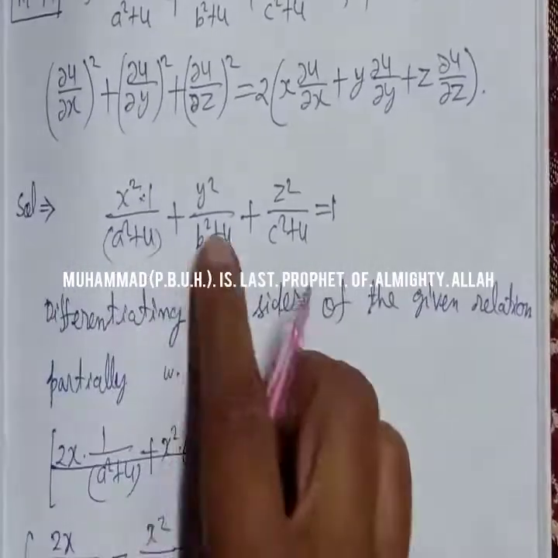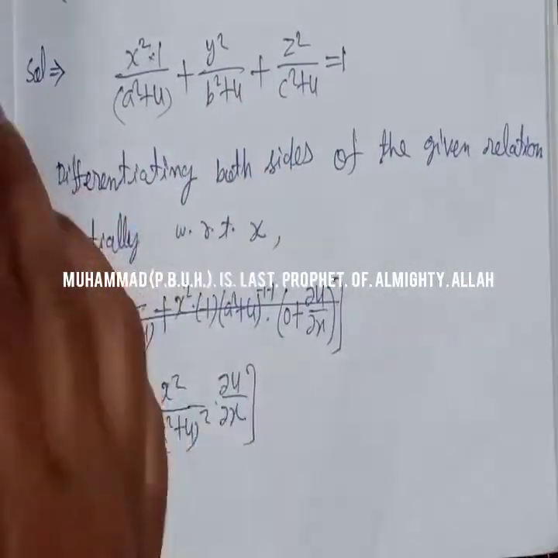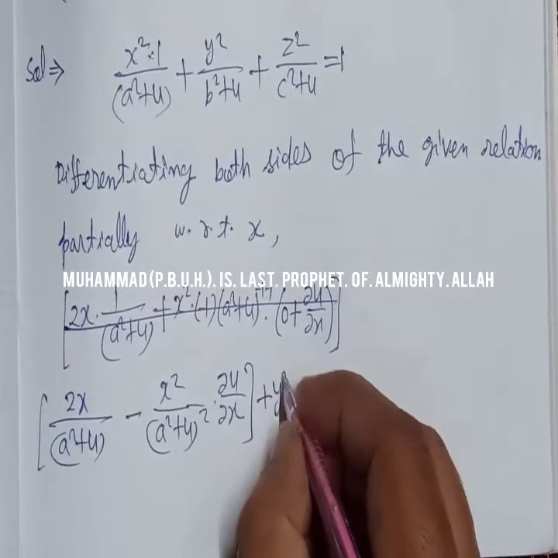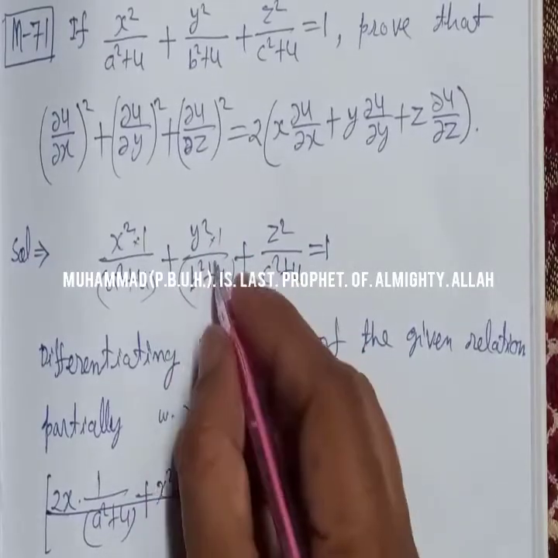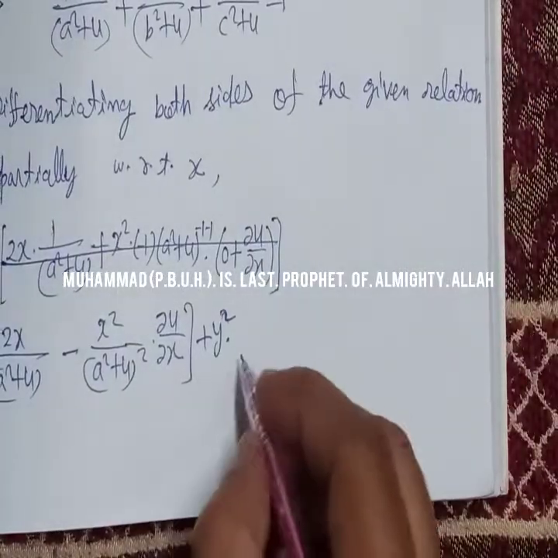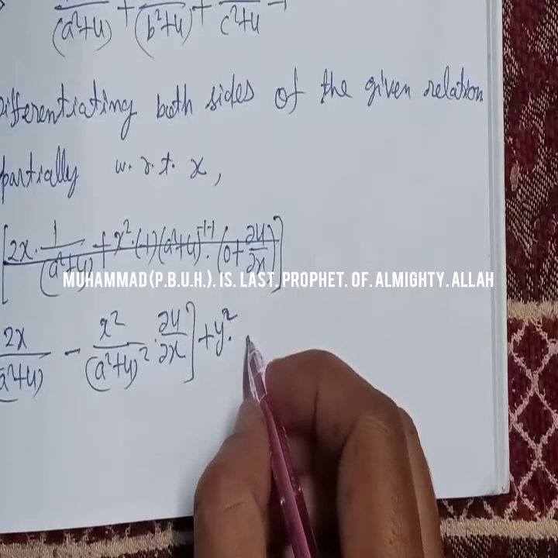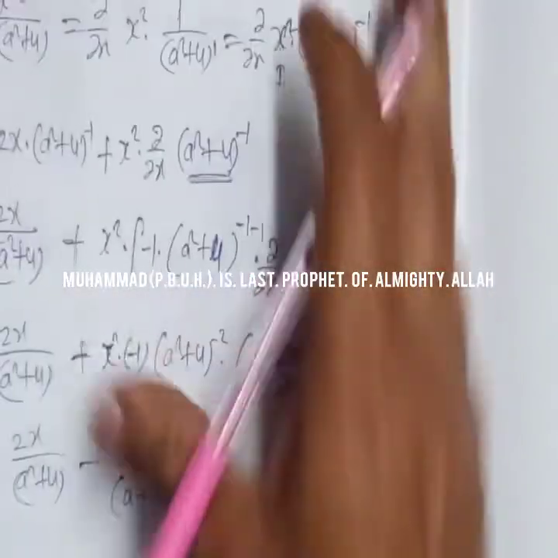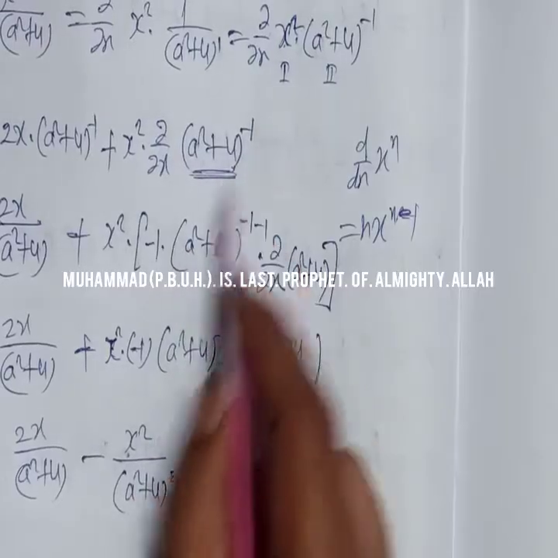On differentiating the second term, here y² is constant, so take it out because it is partial differentiation, so we have to differentiate only 1/(b²+u), which is like this term. It is the same calculation as the first term, because y² is constant and (b²+u) has the power -1.